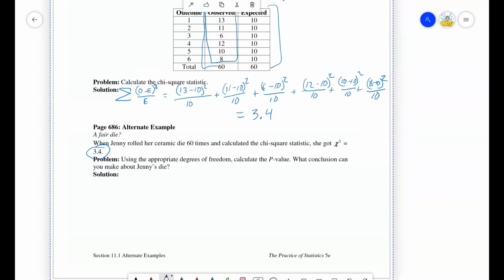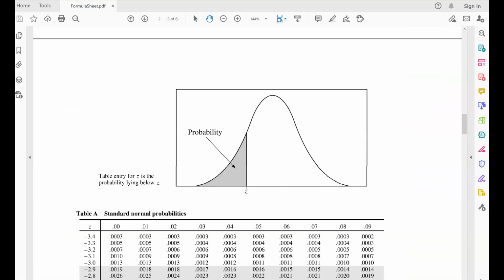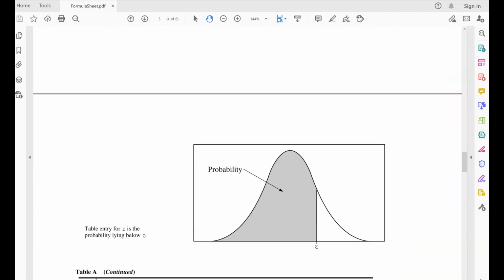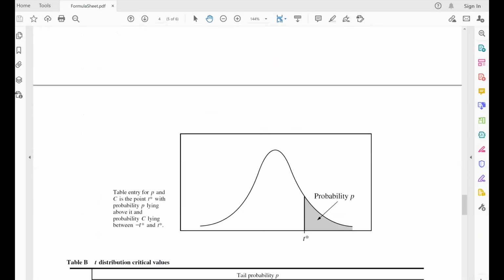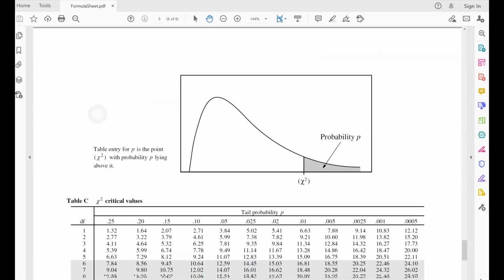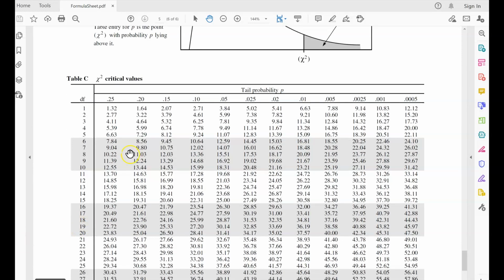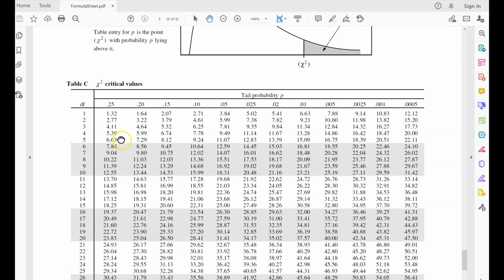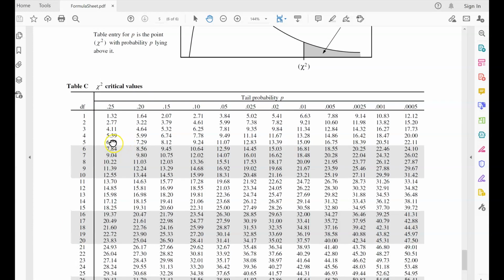So again, if I jump over to my chi-squared formula sheet, I'm going to be looking at 5 degrees of freedom. Here's my chi-squared table, and I'm looking for 3.4 with 5 degrees of freedom. Notice we ran into this issue before, 6.63 is as low as it goes.